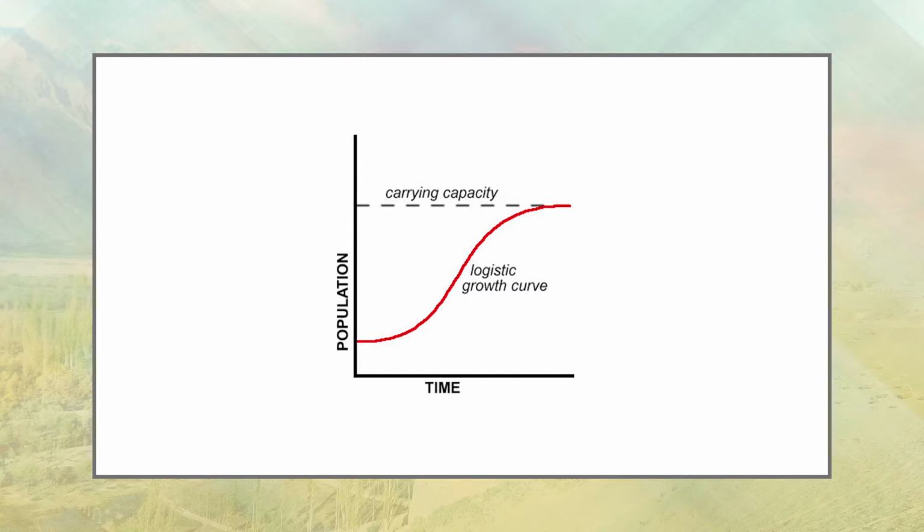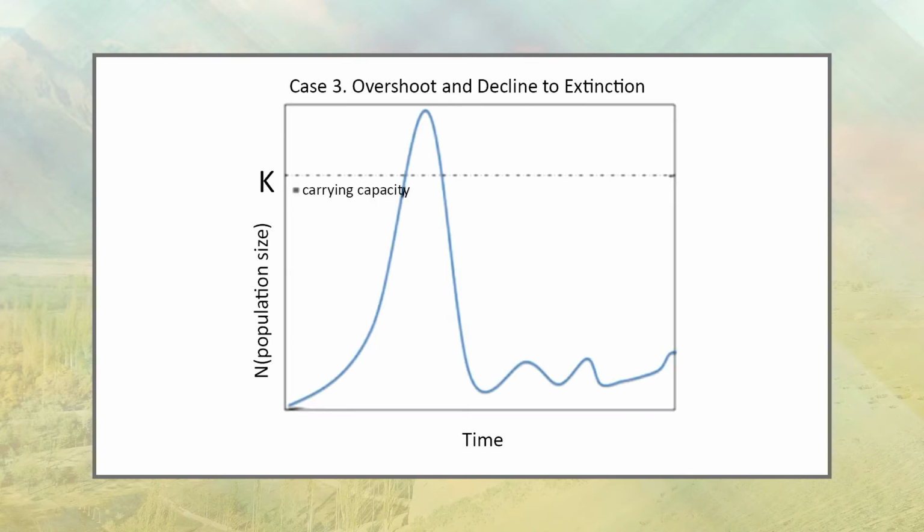This is an example of negative feedback that limits population growth. Density dependent limiting factors can lead to a logistic pattern of growth. Here, the population size levels off and stabilizes at the carrying capacity of the environment. This may be a smooth process, or the population size may overshoot the carrying capacity at times.